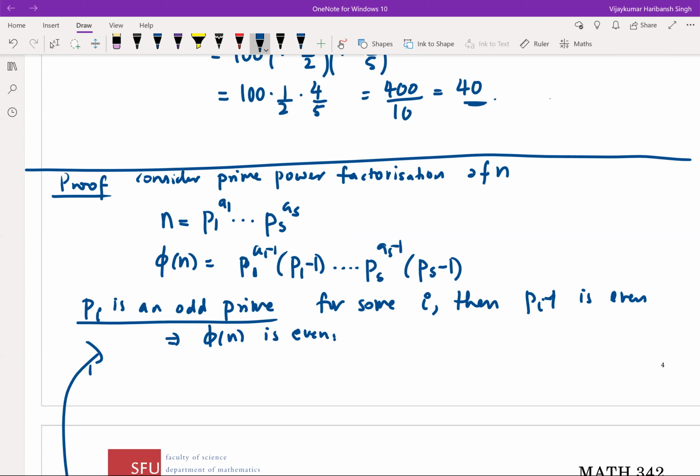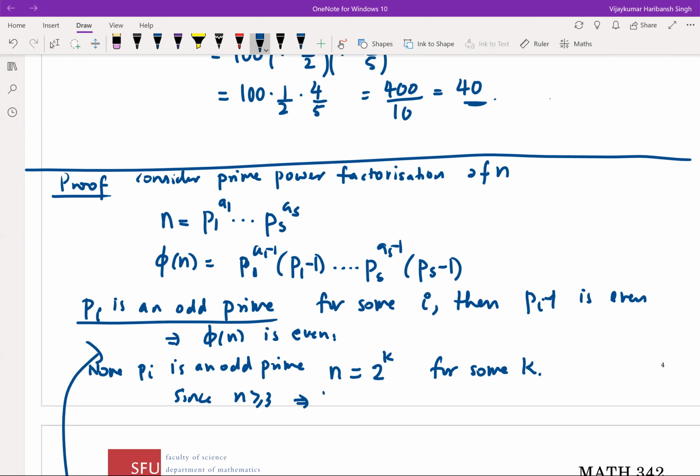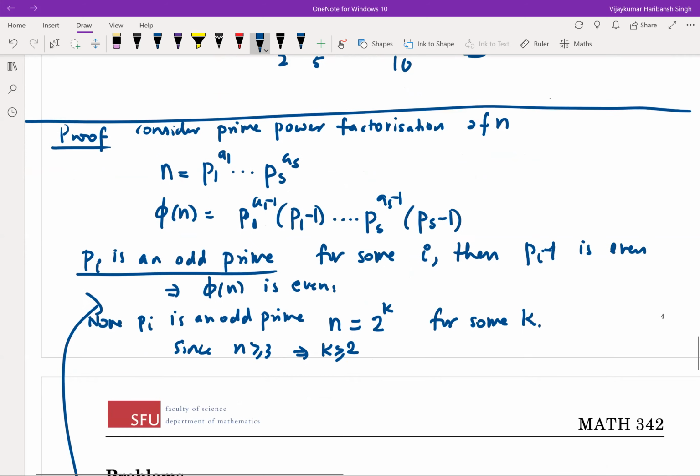This implies phi of n is even. So case 2: none of the pi is an odd prime. If none of them is an odd prime, then the only even prime is 2, so n equals 2 to the power k for some k. Now since n is greater than or equal to 3, this implies k is greater than or equal to 2, right?